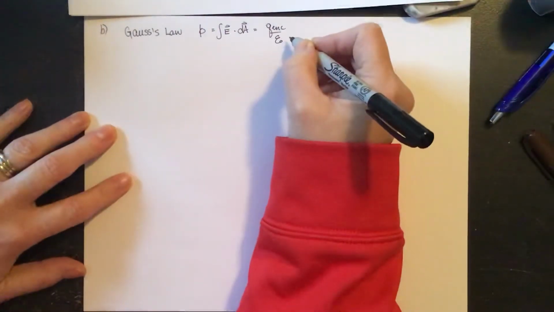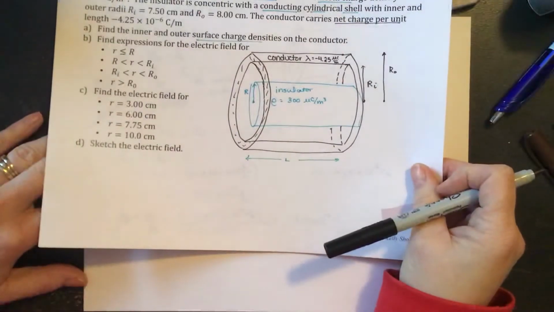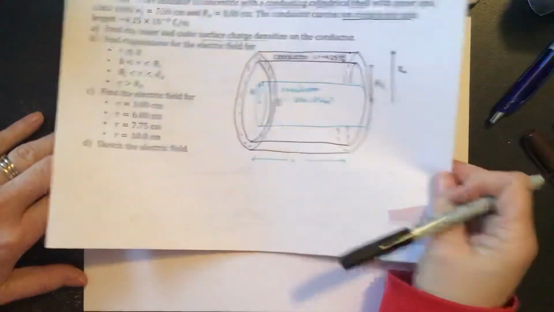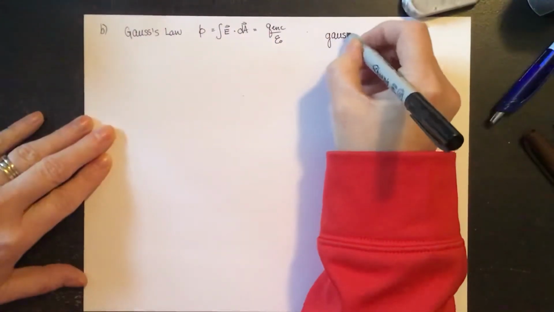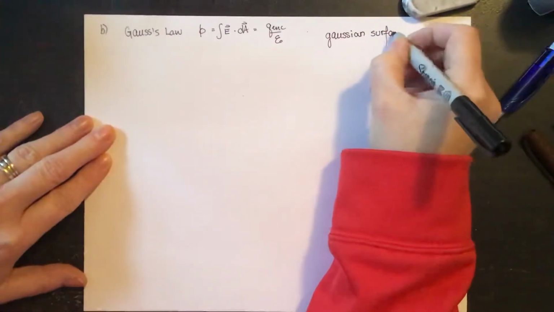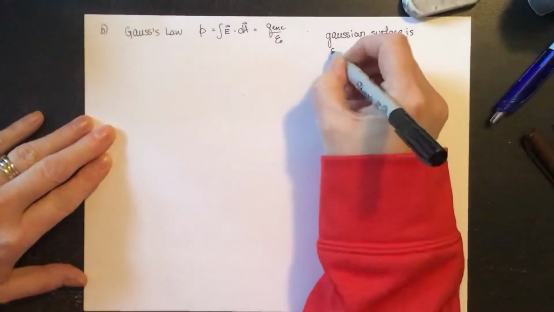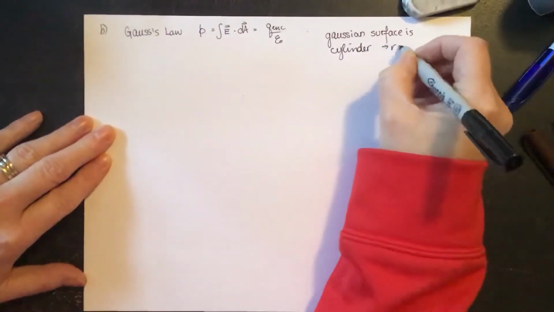First thing you have to choose is what our Gaussian surface should be. If we have the geometry of cylinders, then our Gaussian surface should be a cylinder. The cylinder will have radius r.